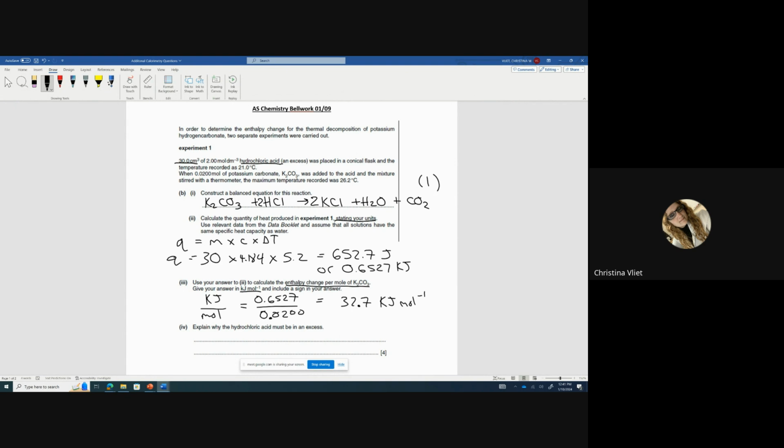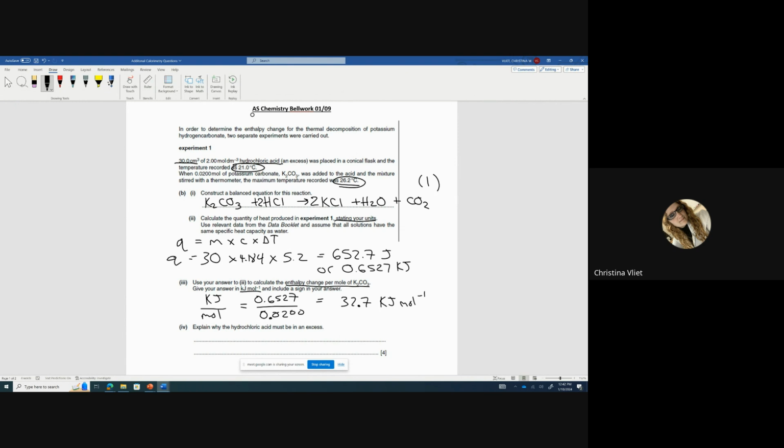So, how do we know? We started at 21. We ended at 26.2. The thermometer is the surroundings. So if the thermometer is hotter, that actually means that heat is leaving the reaction, doesn't it? The thermometer is the surroundings.